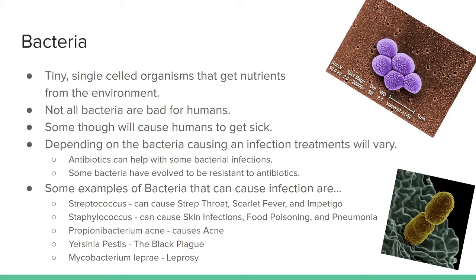So you'll have to take a stronger antibiotic to kill off those ones. That's why when you take an antibiotic, even if you start feeling better, you need to take all of the antibiotic pills just to make sure that you completely get rid of everything so it doesn't come back and make you even more sick.